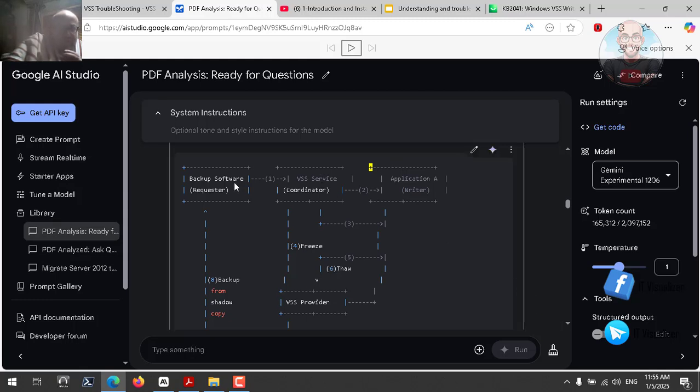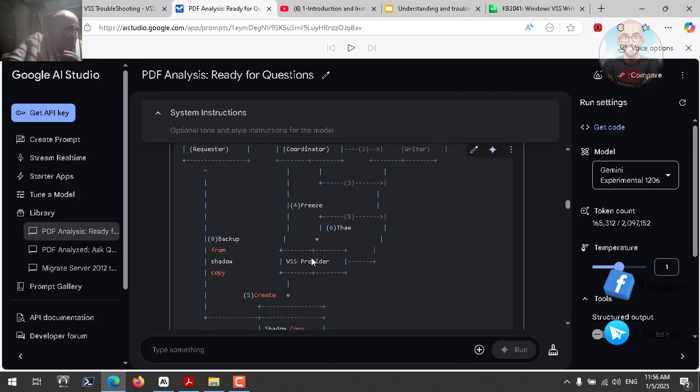So we can see here that this is the requester, this is the service going to the writer, and then freeze, and then return back to the VSS service talking to the provider to take the copy, and then going back, I think, so here for freeze and then create the backup.